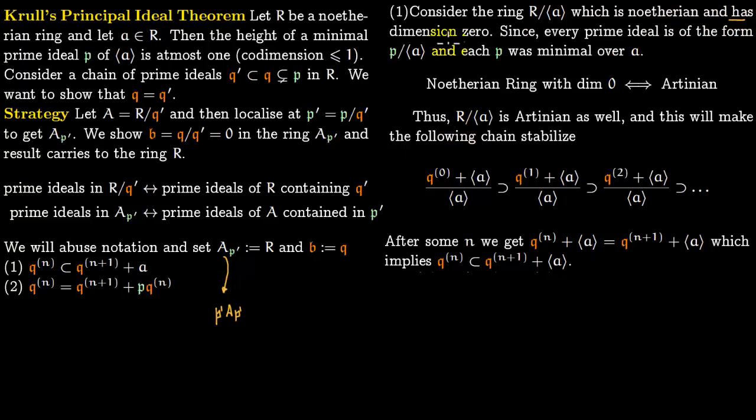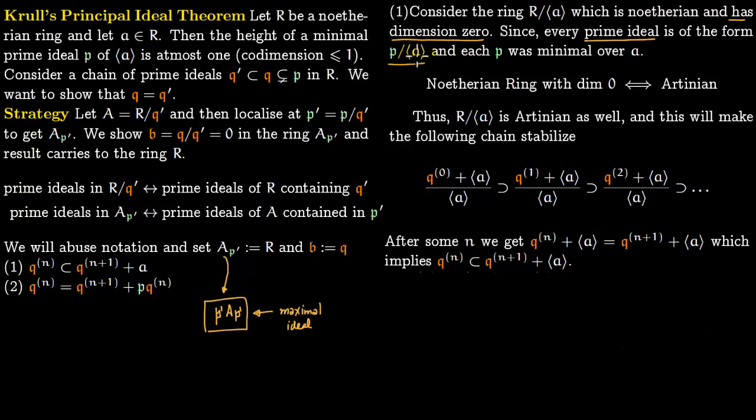And now notice that it has dimension 0, precisely because every ideal of this ring is of the form P modulo A. So now we are working with this ring, so instead of P we are actually thinking of P prime, and this ideal is actually the maximal ideal. But we are given that each such ideal is minimal over A.